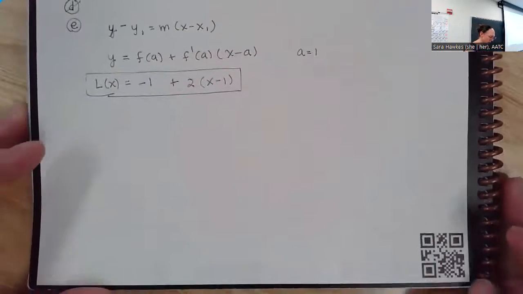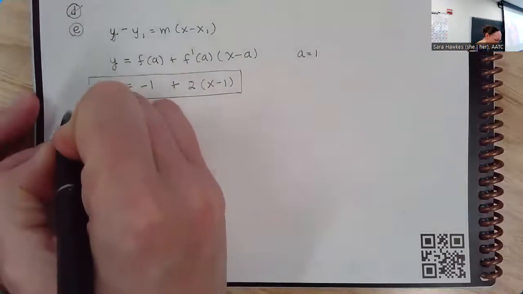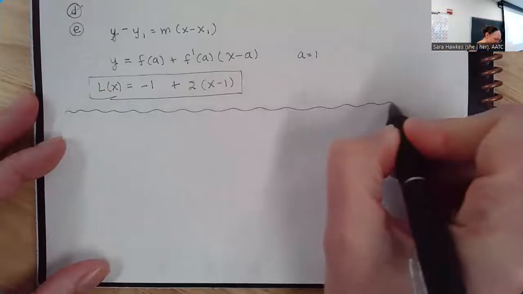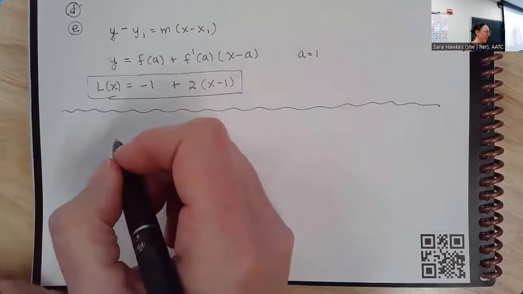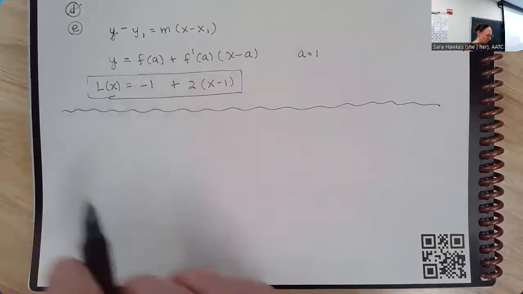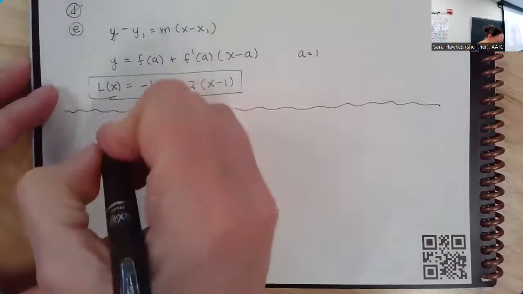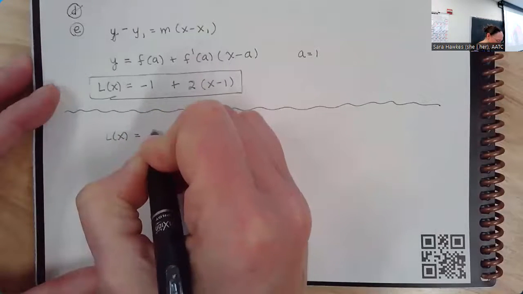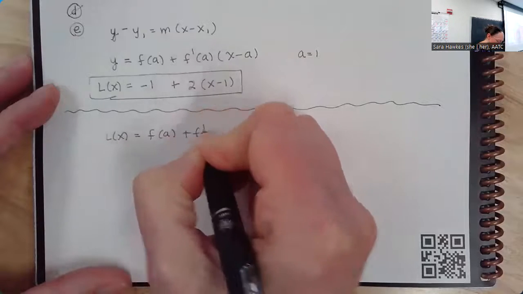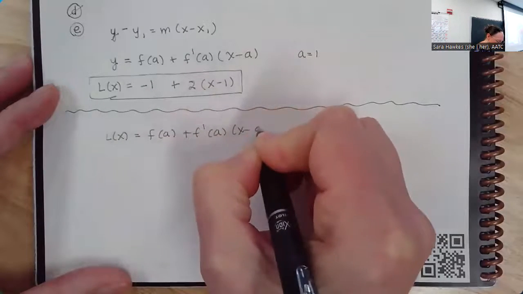Sure, sure. If you are asked to use a linearization to approximate a value, then in general, our equation for the linear approximation is f of a plus f prime of a times x minus a.